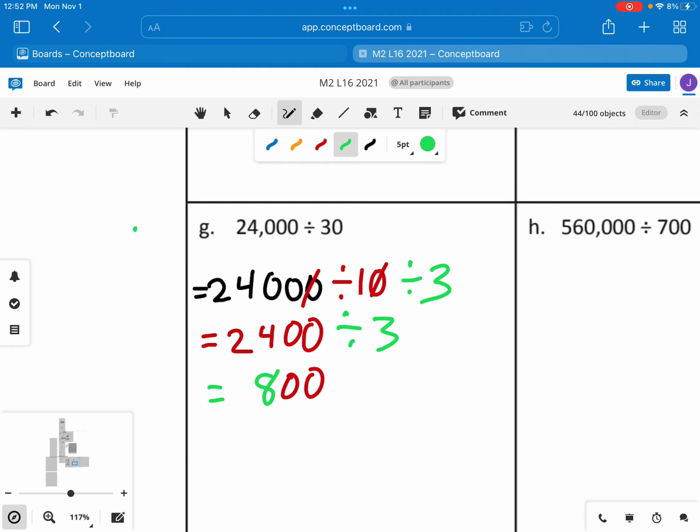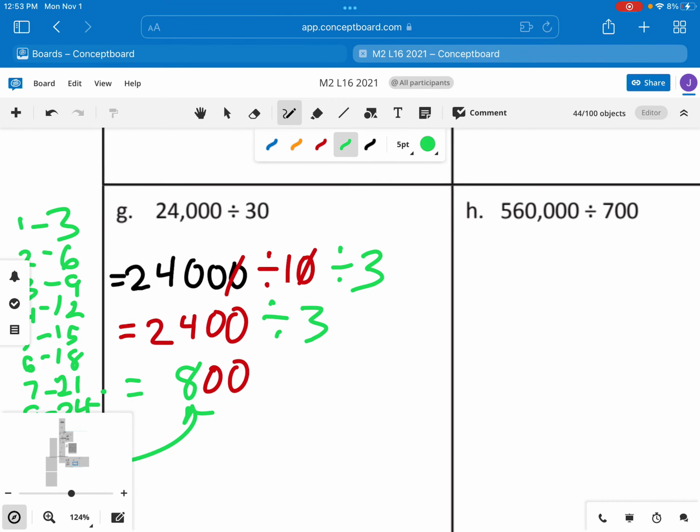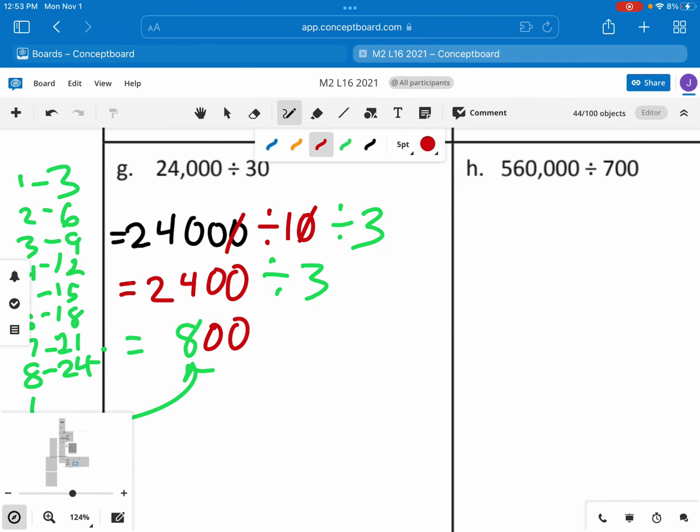If you're not sure, you can do your 3 timetables: 3, 6, 9, 12, 15, 18, and then we have 21 and 24. And this one is my 8th one. So it's 1, 2, 3, 4, 5, 6, 7, 8. That's where I get my 8 from. Okay, and then the 2 zeros, as I said, are coming down from here.